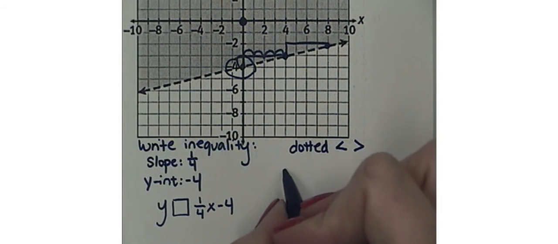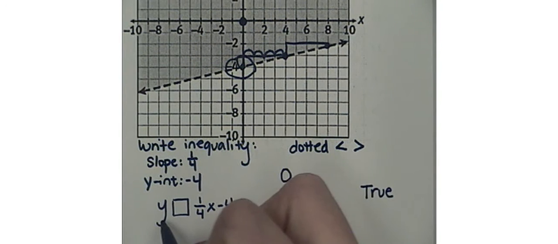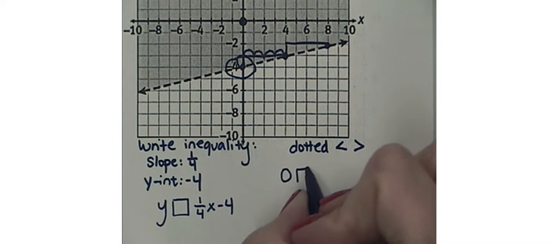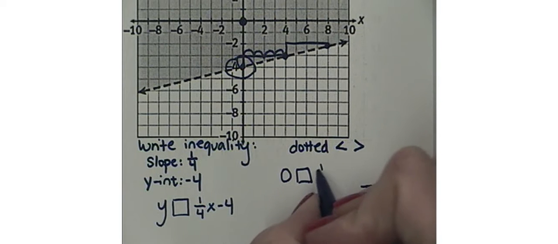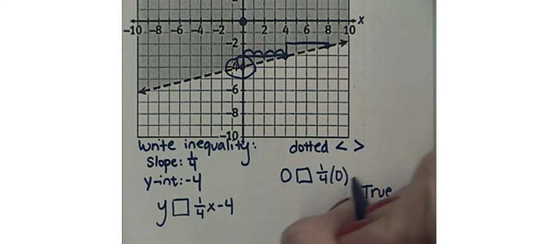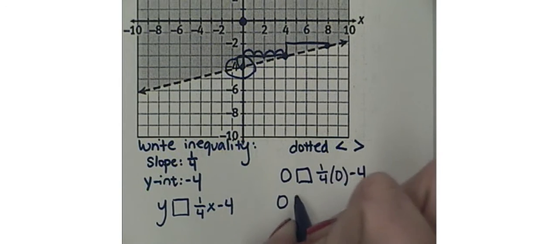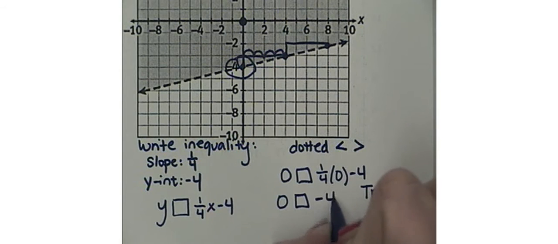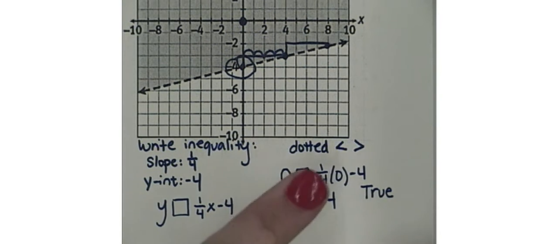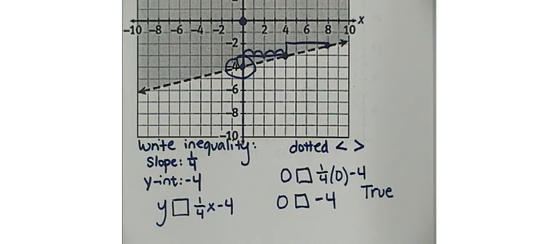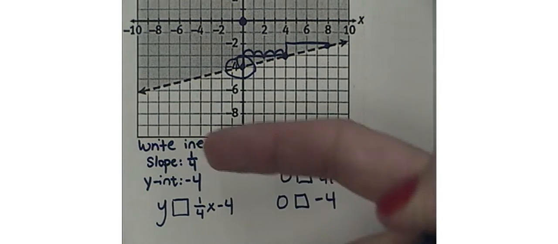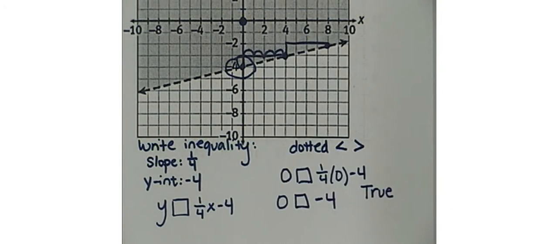So if I put in a 0 for y, and then my unknown symbol, and a 0 for x, minus 4, I want this to be a true statement. So 0 is less than -4, or 0 is greater than -4. Which one's true? 0 is greater.